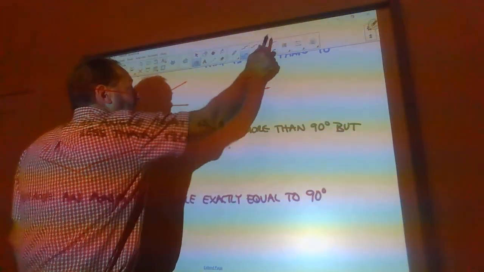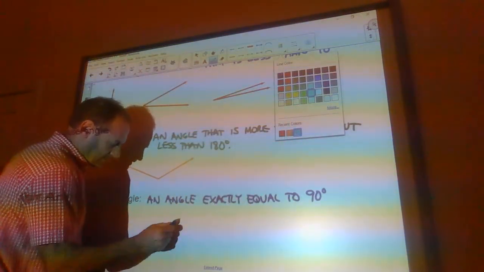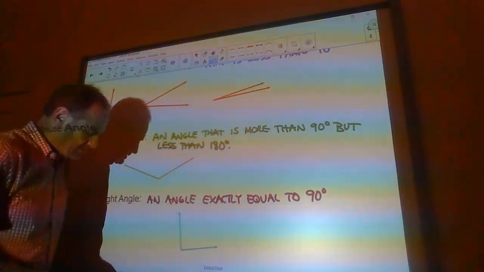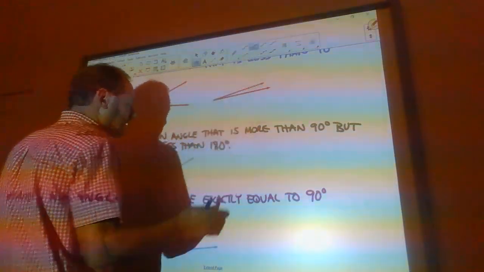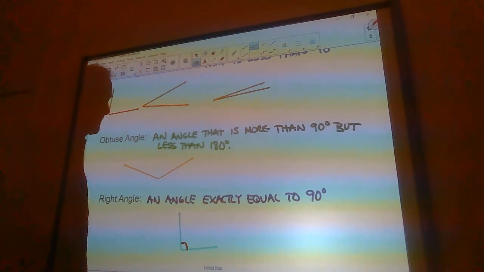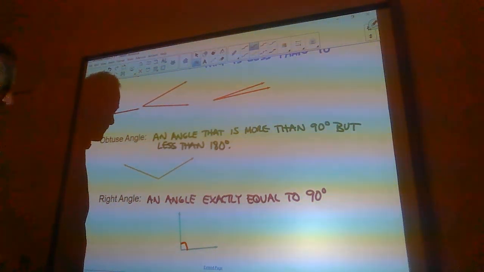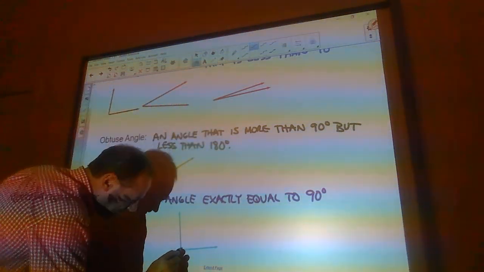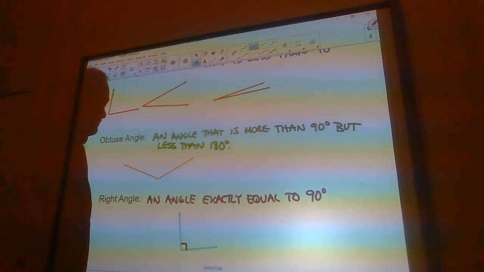A right angle would look like this. There's a right angle, and what we always do is put a little box in the corner to show that that's a 90-degree angle and it's not just 89.9 or something like that. Put a little square corner. Didn't do a very good job of that, so let's redo it. There we go. That tells me that's a 90-degree angle.